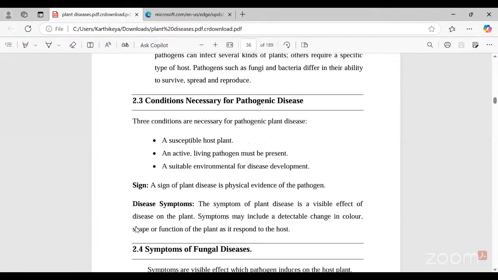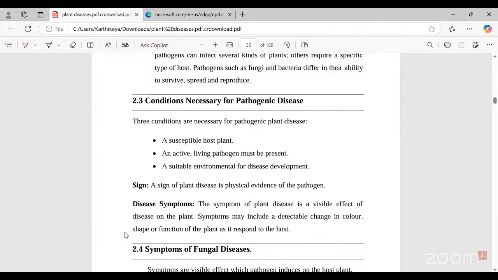What types of conditions are necessary for pathogenic diseases? What conditions must be present for pathogens to cause disease? The conditions necessary for pathogenic plant disease are: a susceptible host plant is the first. Second, an active living pathogen must be present.